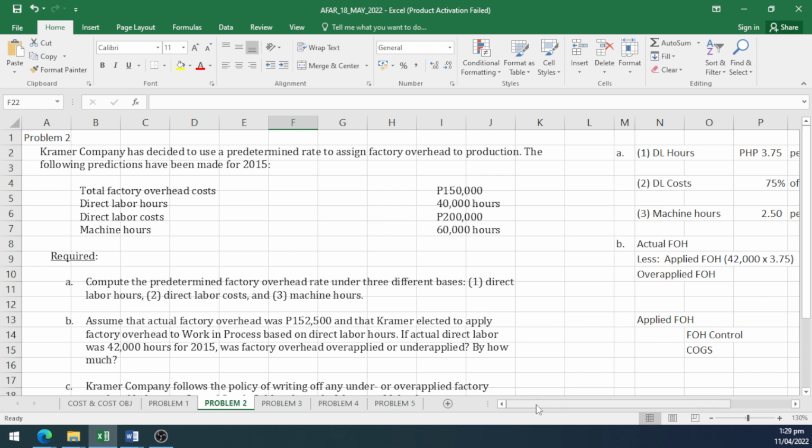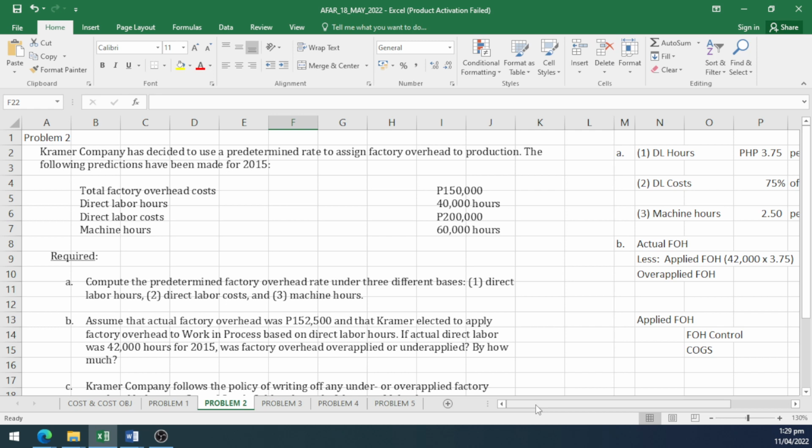Ang formula sa pag-compute ng predetermined overhead rate, ladies and gentlemen, ay estimated factory overhead or budgeted factory overhead divided by the estimated capacity or estimated denominator activity. Ganun lang kasimple.